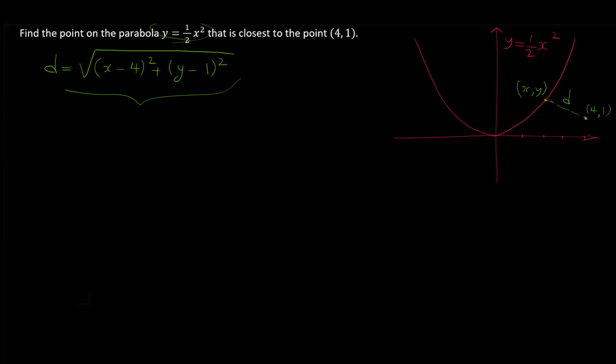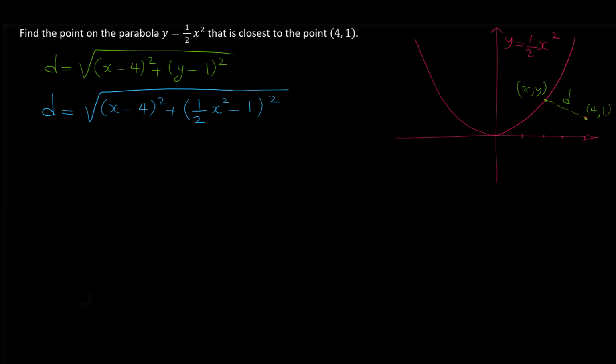So we can replace y in terms of x. And so d is the square root of (x minus 4) to the power of 2 plus (1/2 x squared minus 1) squared. We replace y with 1/2 x squared.